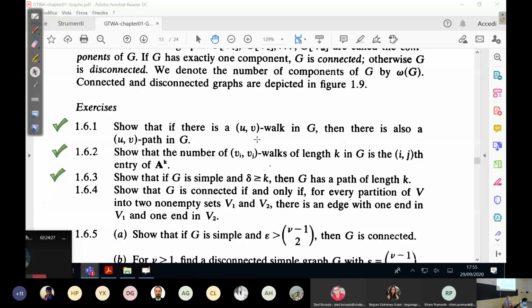Well, the edges are where the definition is given. You are talking about the k-cube.